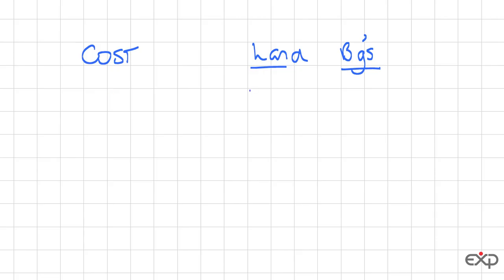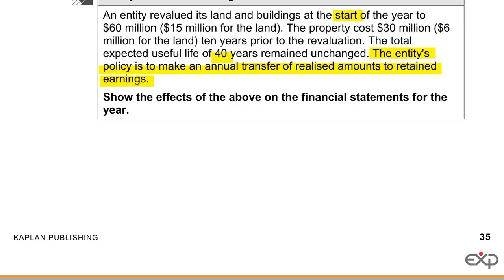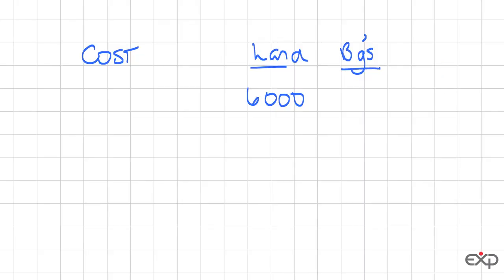So the cost is 6. Did we say this was millions actually? Let's get rid of these noughts then. We've got 6 million and we've got 24 million, giving me a total of 30.